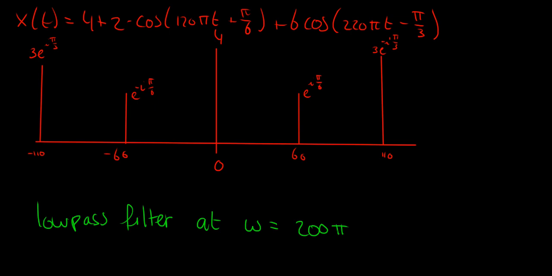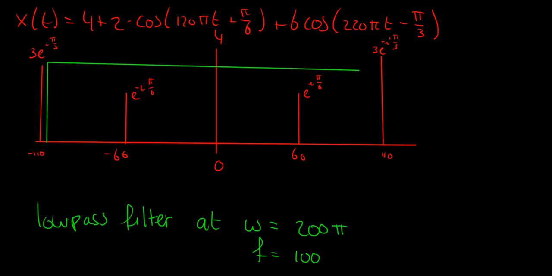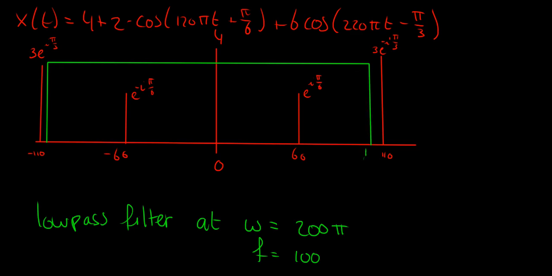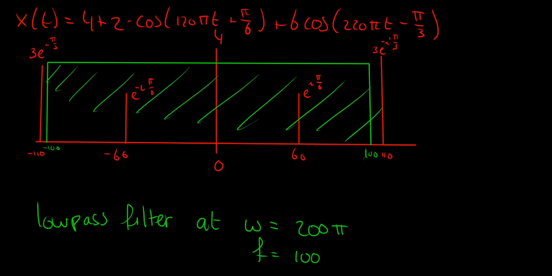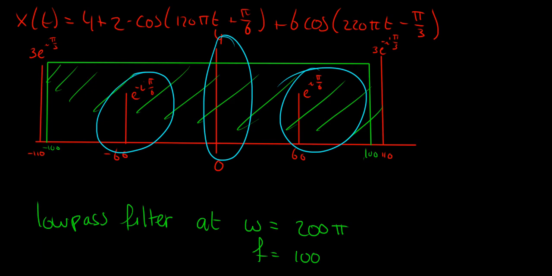If we translate that to the frequencies we have here, 200 pi translates to a frequency of 100. So this should be at 100 and this should be at minus 100. Every frequency that is in here is taken into account. So actually only these frequencies are considered: this one, the 0th one, the amplitude, and this one.